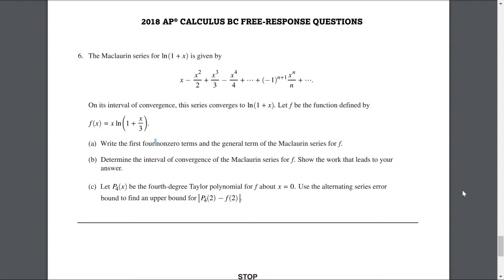And the alternating series error bound just says if you've got an alternating series, then the error is bounded by the absolute value of whatever the next term in your series is. So if it's a 4th degree polynomial, it'll be the 5th power of x term in the series. Let's write that down.